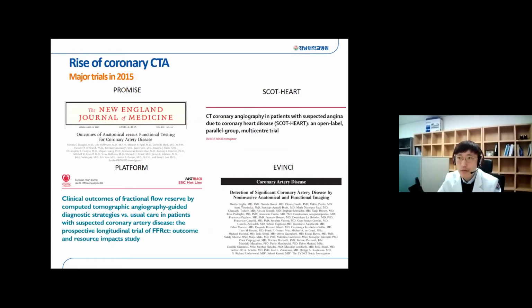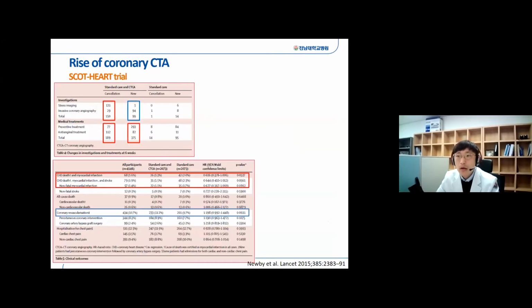Especially in the era of 2015, some major trials were published in the New England Journal of Medicine, Lancet, or Circulation, many major cardiology journals, showing the unique value of cardiac CTA, which had shown superiority over nuclear imaging in terms of diagnostic certainty or prognosis.